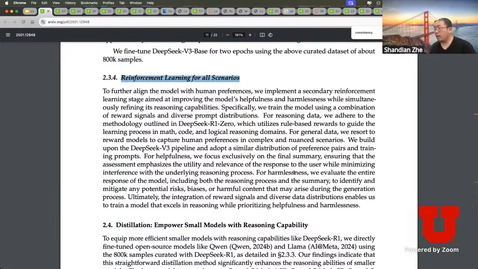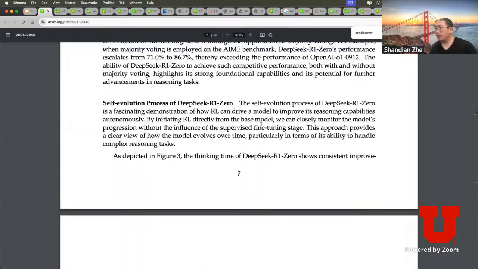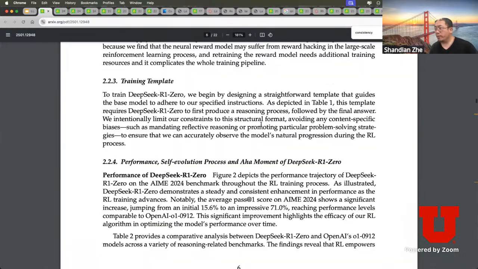Yeah, can you go back to the R1 0? I just want to look at what kind of data set they use for reinforcement learning.